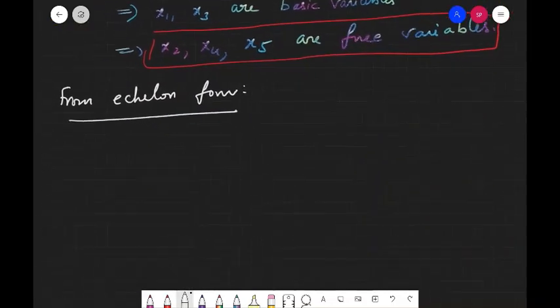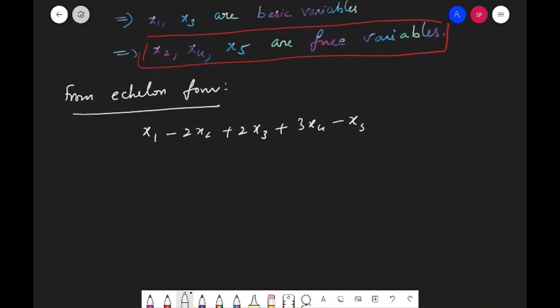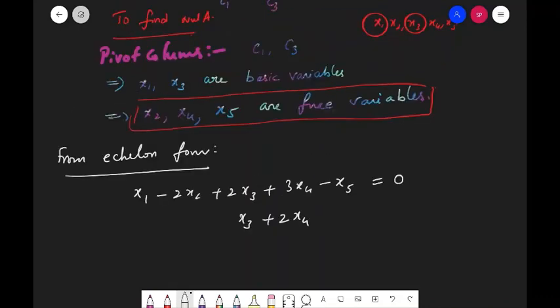Let us write the equations. x1 minus 2x2 plus 2x3 plus 3x4 minus x5 is equal to 0. Another equation is x3 plus 2x4 minus 2x5 is equal to 0.